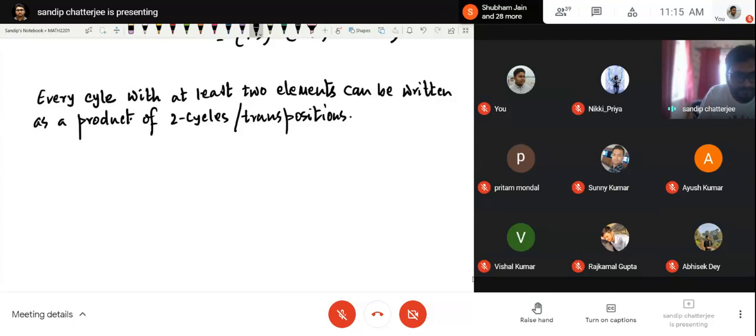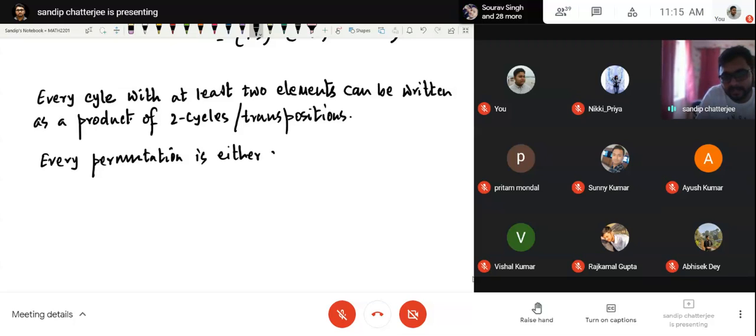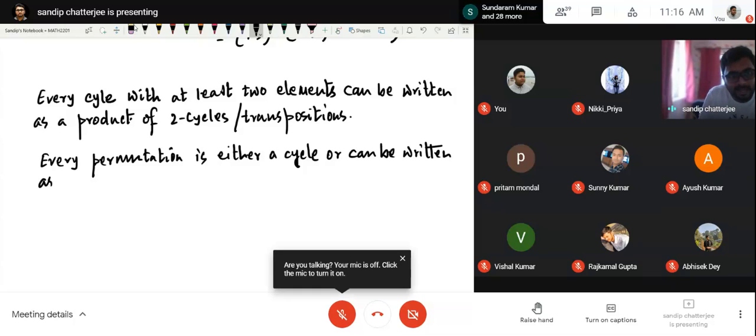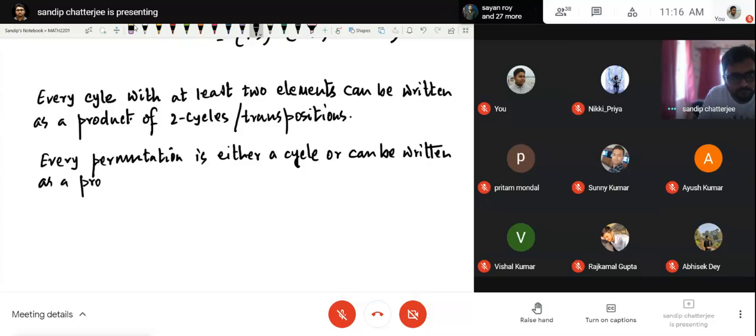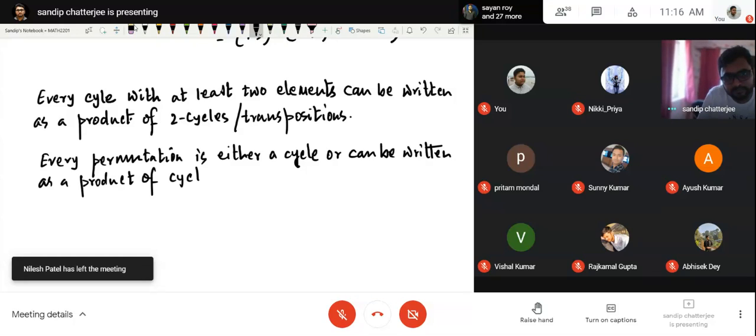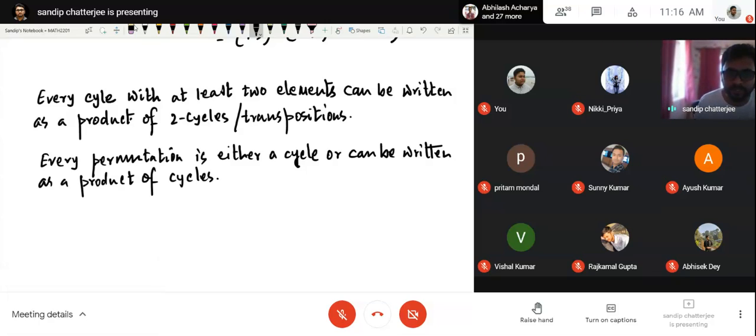Hence, we have already seen that every permutation is either a cycle or can be written as a product of cycles.